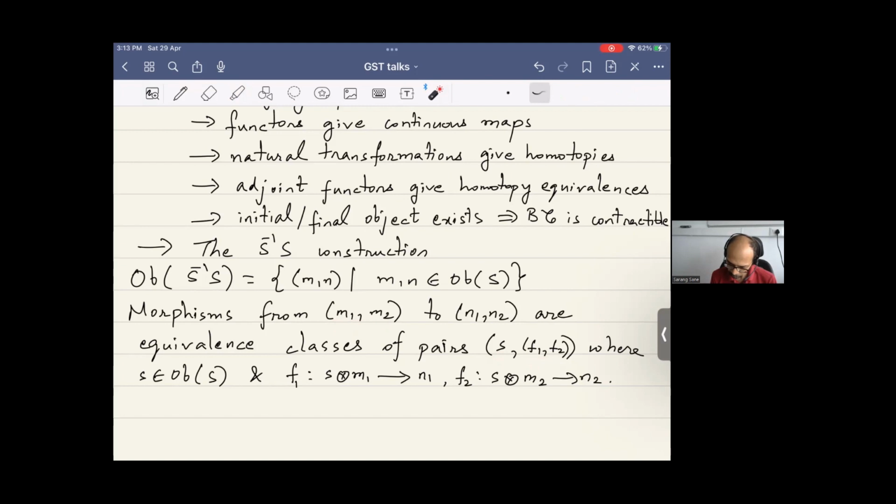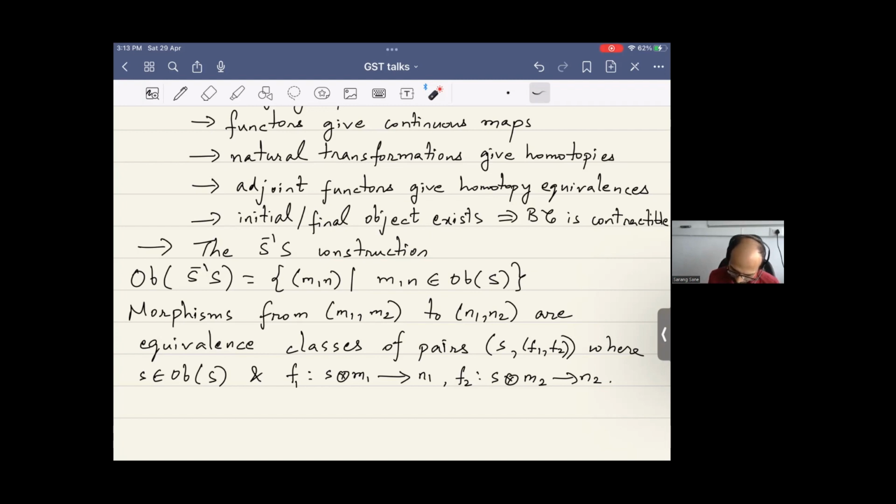So F1 is a morphism from S tensor M1 to N1, and F2 is a morphism from S tensor M2 to N2. So somehow we want to think of this as some kind of an action of S, and we want to relate that action in some way. So anyway, this is the definition.